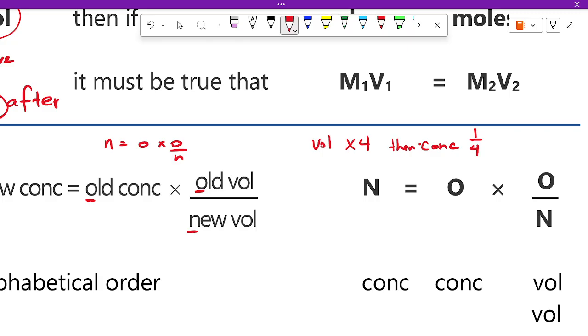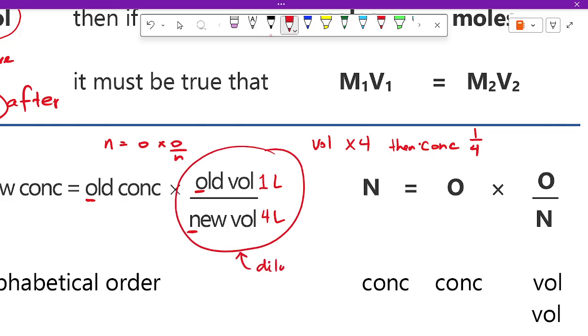Yes? Well, that would be our old volume, 1 liter over 4 liters. So this is called the dilution factor. And to me, intuitively, that just makes a lot of sense. Okay?